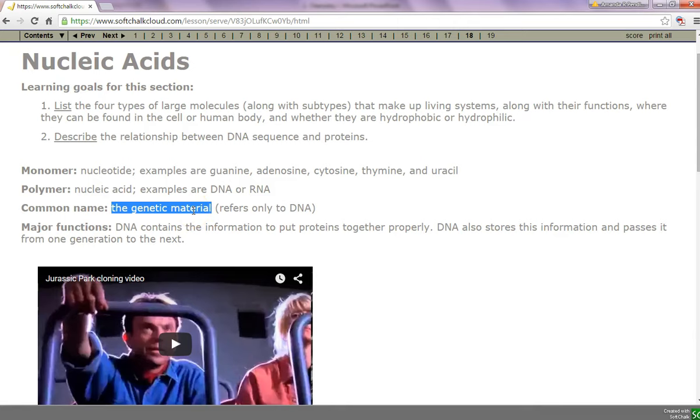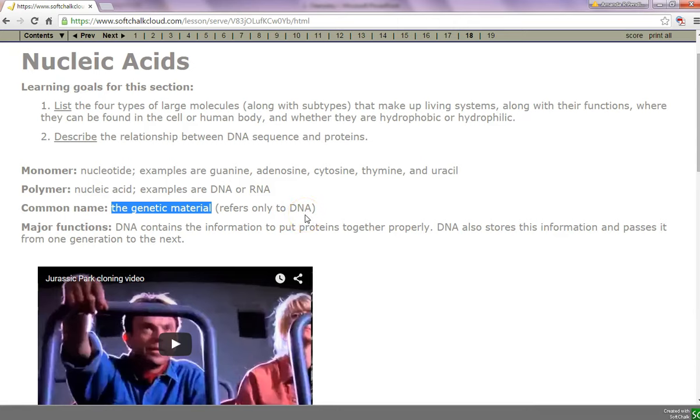So, for example, I have brownish hair and blue eyes. Well, I inherited that from my parents. And DNA is the physical thing that came along in sperm and egg and made me, that now gives me those characteristics.